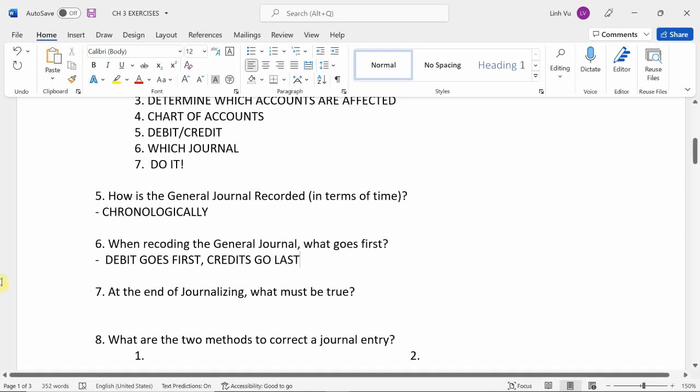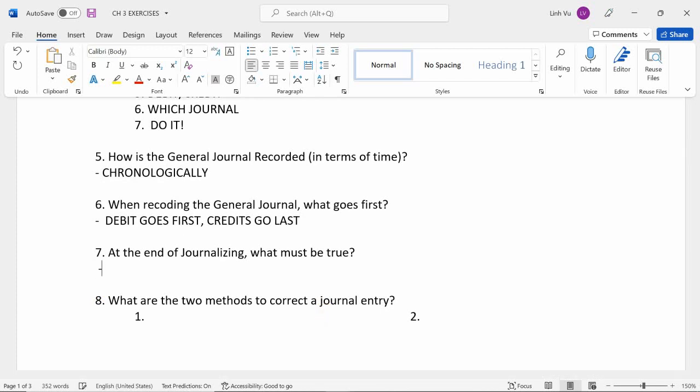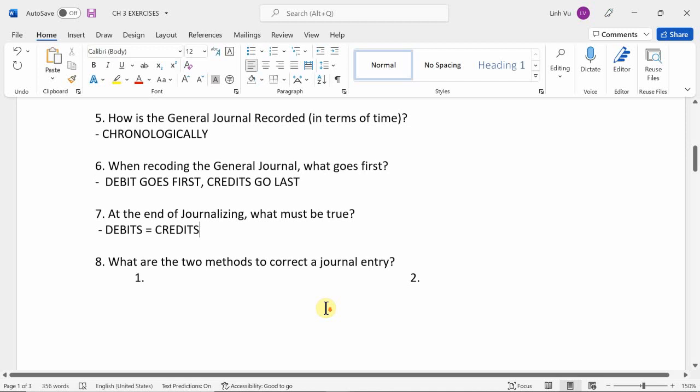Number 7, at the end of journalizing, what must be true? Debits equal credits. Yes, your debits must always equal your credits. Okay.